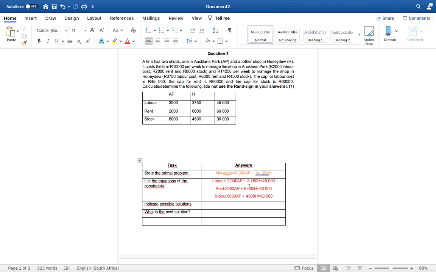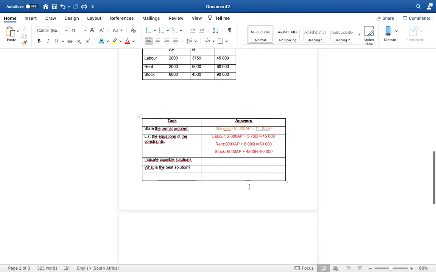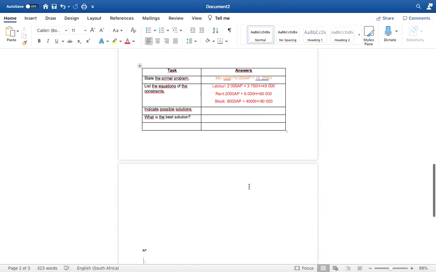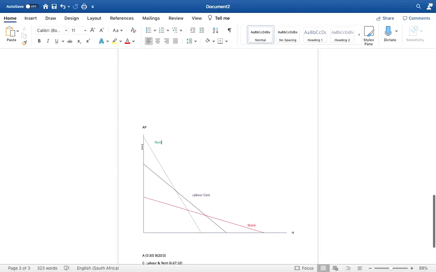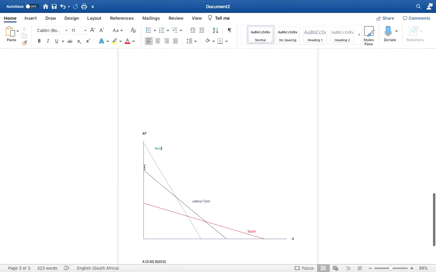I used Auckland Park on my vertical axis, and on my horizontal axis I had Honeydew. So you should get a diagram that looks like this. With the minimization problem, remember that anything just above these lines on the right is your feasible region. So your possible solutions are going to be 1, 2, 3, and 4.